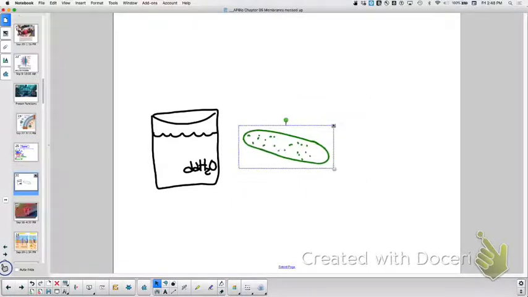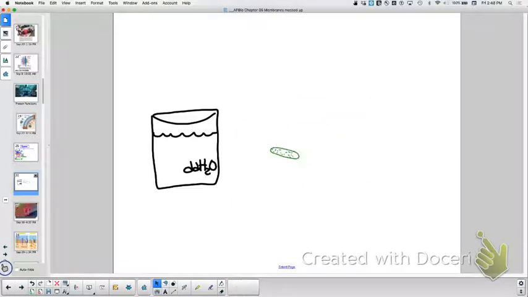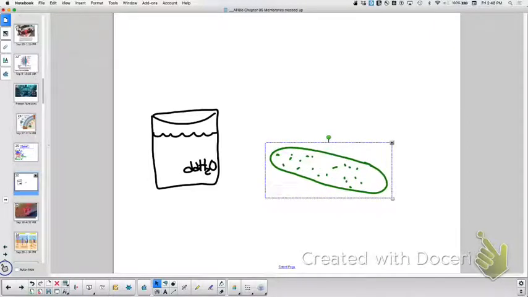This right here, okay, that's a pickle. Do you know what a pickle was before it was a pickle? It was a cucumber. What must have happened to the cucumber to make it a pickle? What are the two kinds of pickles you can have? Dill or sweet? Think it out.